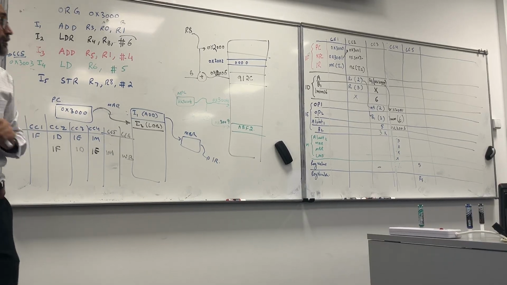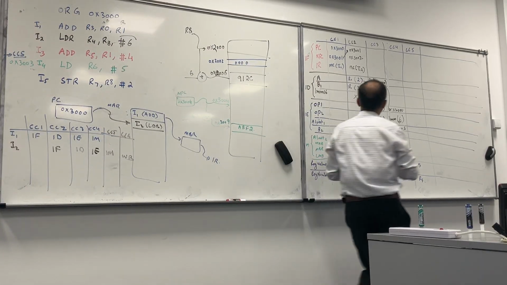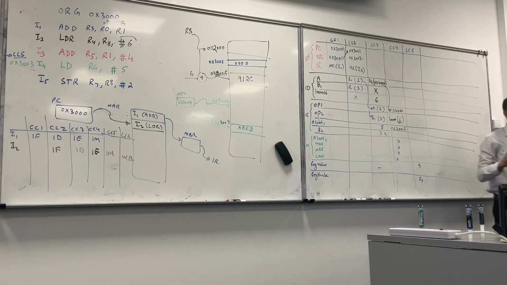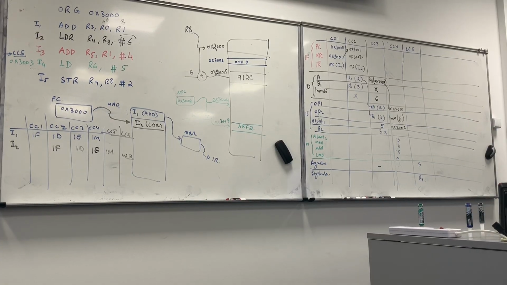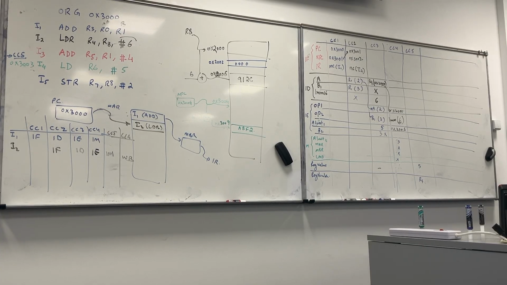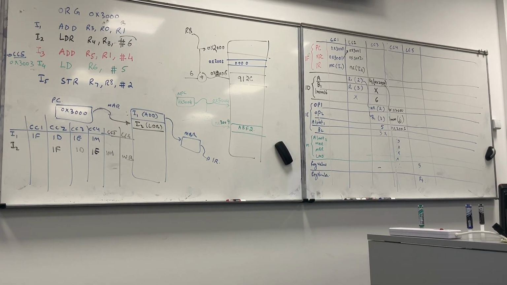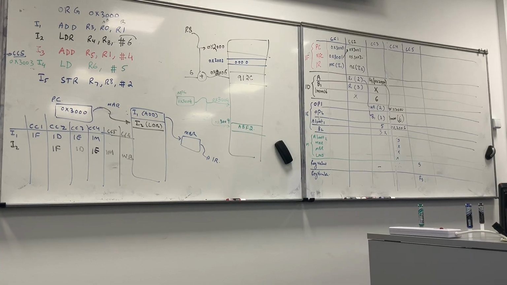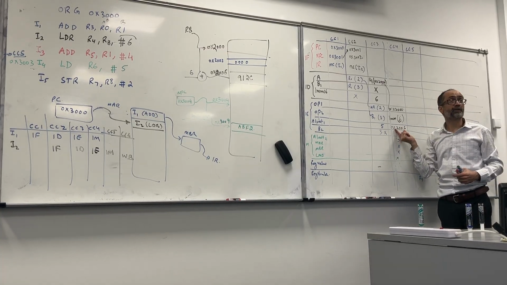Clear? Any question? Now this is an LDR instruction in which we are fetching the data from the main memory, whose effective address is calculated by adding the content of the base register, which in this example is R8, and the sign extension of the offset, which in this example is 6. So 2006 is now the effective address.